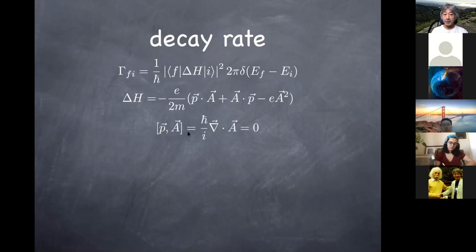So the PA commutator turns into the derivative of A. But now that we are summing over all indices, that's the inner product here. So as a result, this is nothing but the Coulomb gauge condition, which vanishes. So even though I paid this careful attention to the ordering between P and A, I didn't have to.